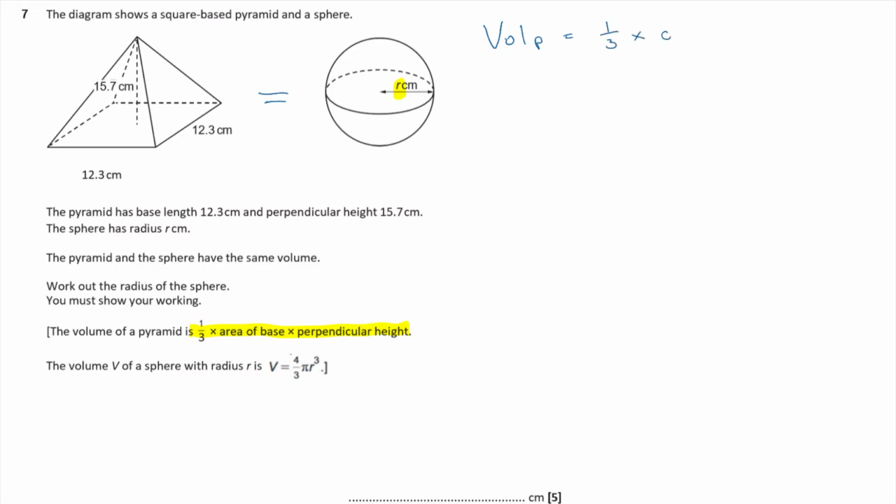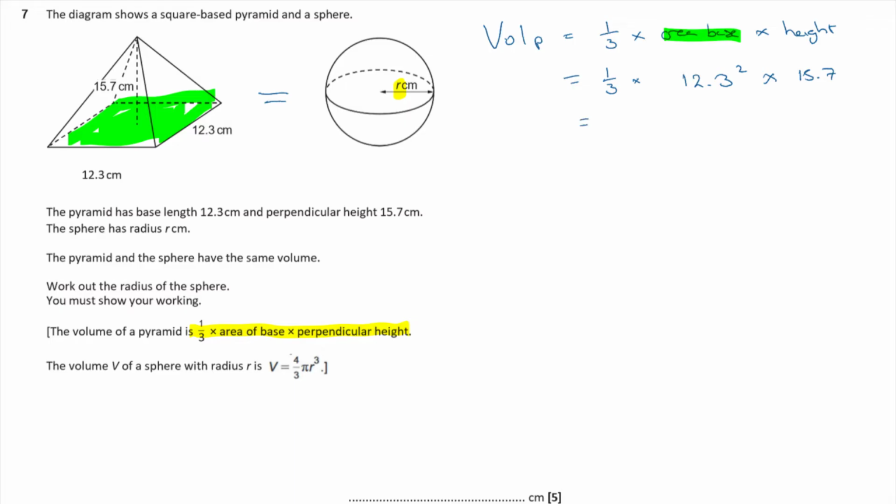Now, this particular pyramid is a square base pyramid, so the area of the base is going to be this area here, and because it's a square, it's quite easy to find. That's just going to be 12.3 times 12.3, isn't it? 12.3 squared. And then the height is 15.7.